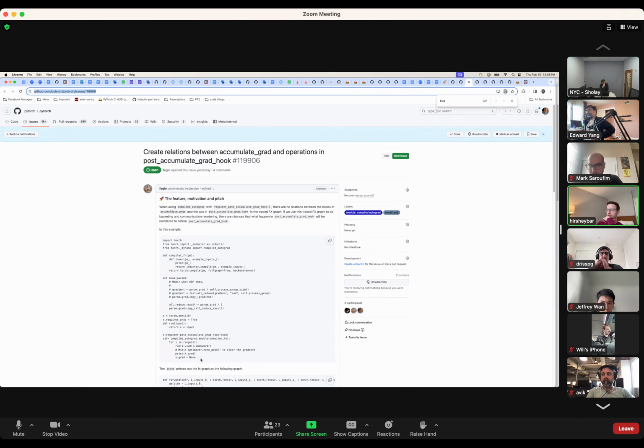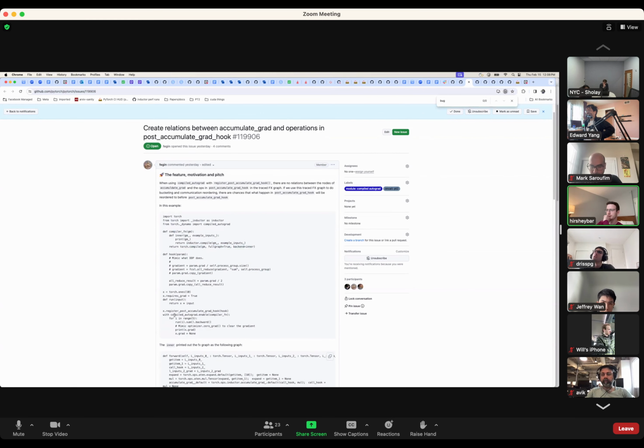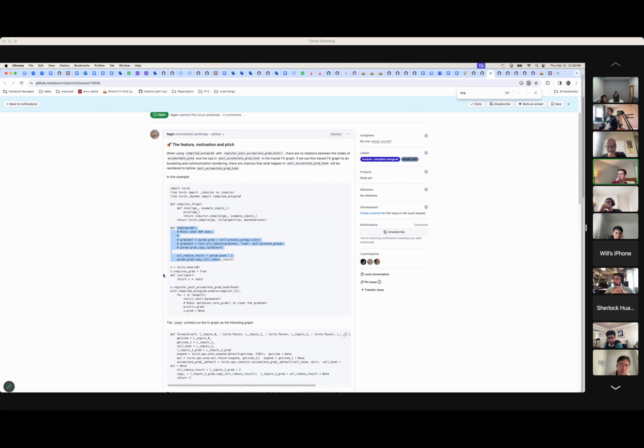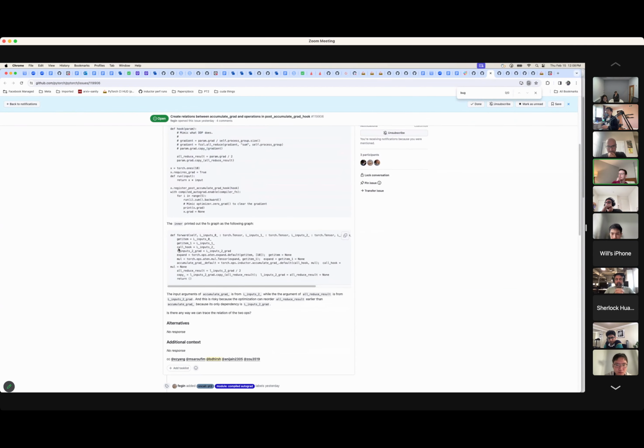Okay. So this was the repro code, and the repro code is basically running compiled autograd, calling backward, and there is a post accumulate grad hook involved, which is this hook. If we look at what the graph of the backward looks like from compiled autograd running, there are a couple interesting things going on.